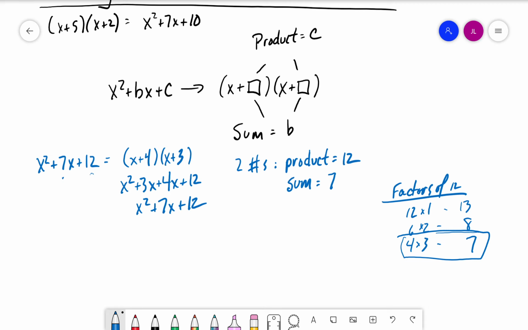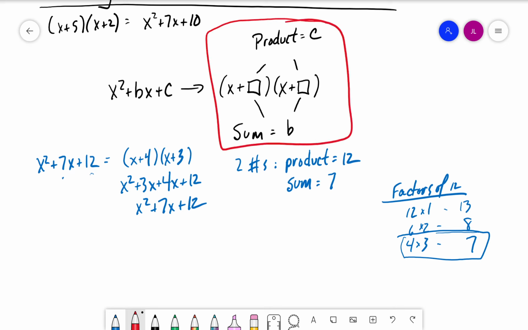So this is what we do when we factor. This is the important part: the leading term must have a coefficient of 1 for this to work properly. So we look for two numbers whose product is 12 and whose sum is 7.